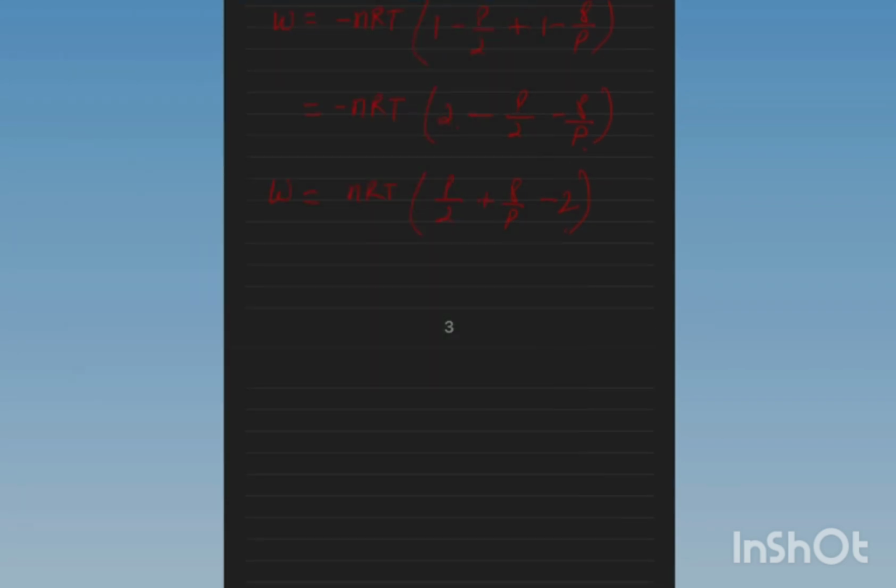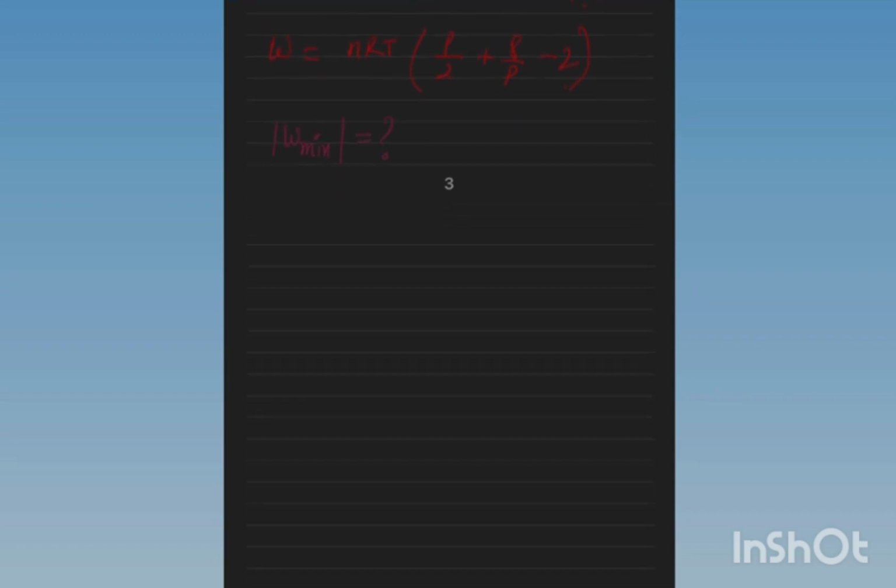So now we get this equation, and we have to calculate W minimum. For W minimum, we have to evaluate what P is. To calculate P, we can use the AM GM inequality.